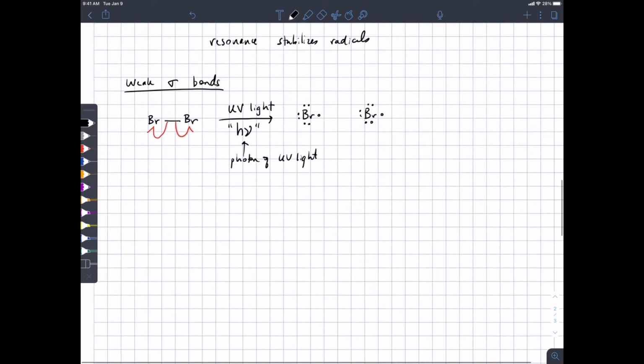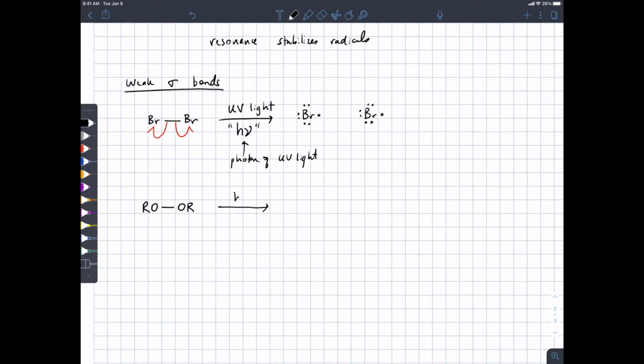The other way of getting radicals, in addition to using UV light, is to start out with a weak sigma bond and then to add heat. So I'm putting an R group here. R means hydrocarbon or hydrogen.